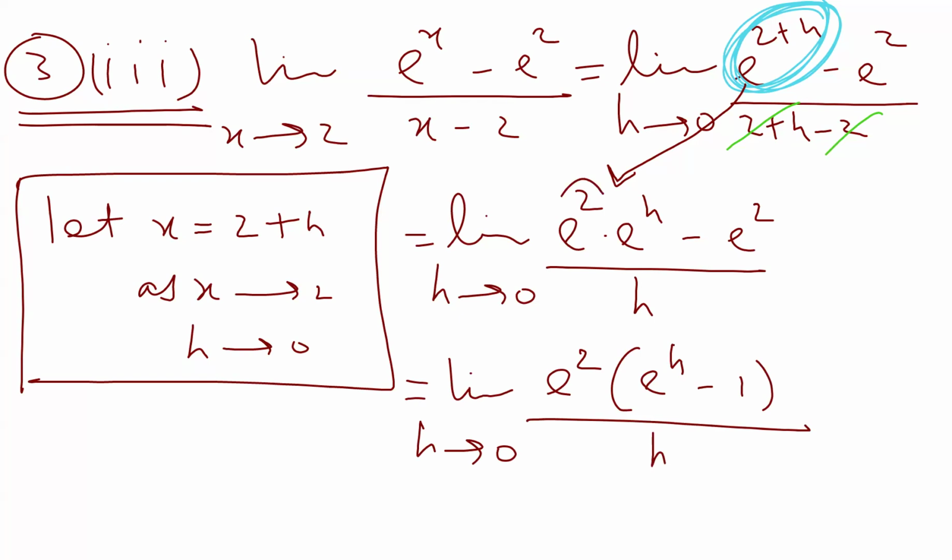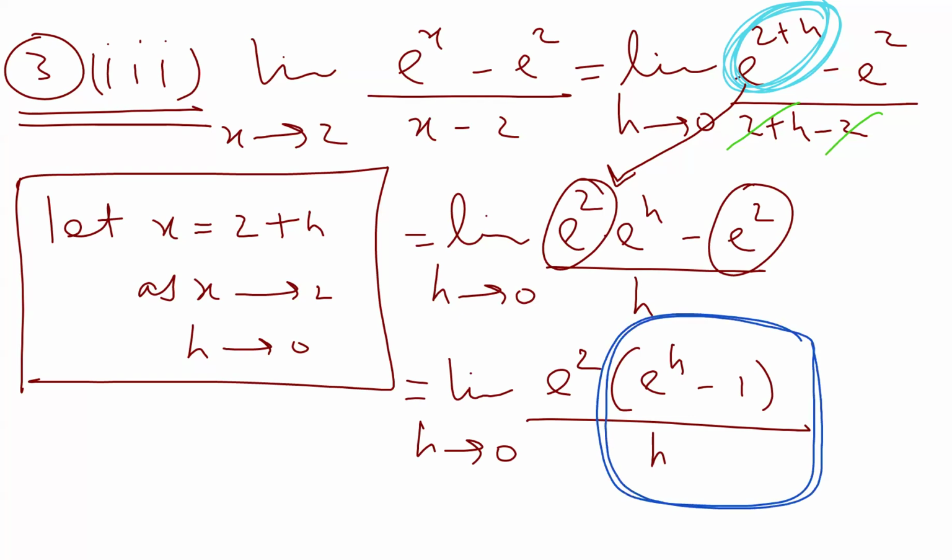Take e raised to 2 common. Guys, what about this? Log e, correct, that is log e. And e square is a constant. There is no h term in this. And log e is 1.